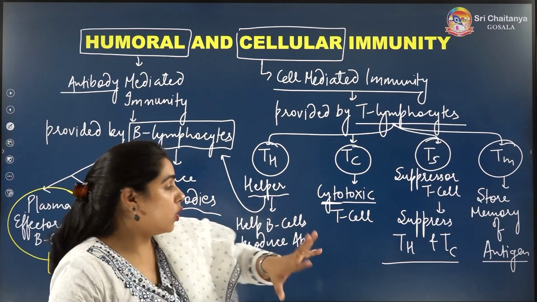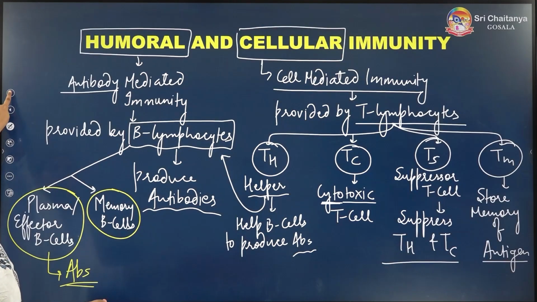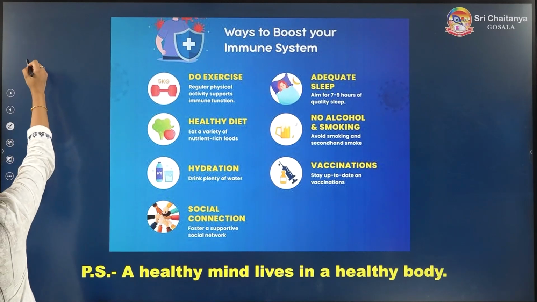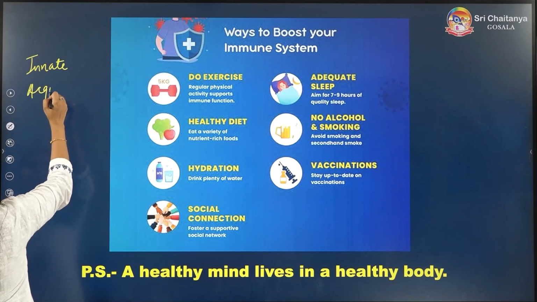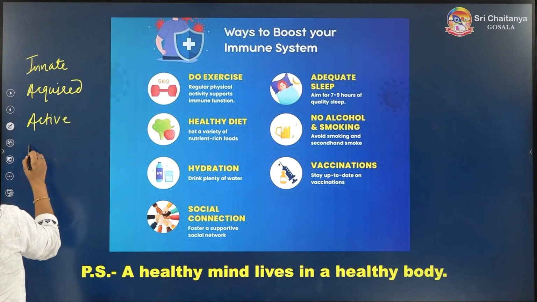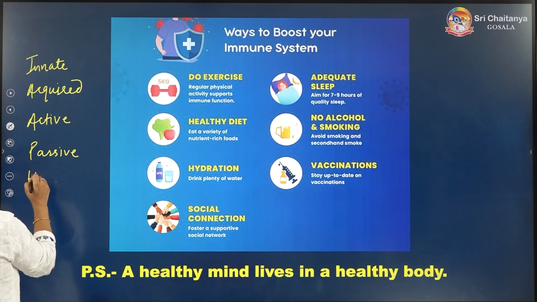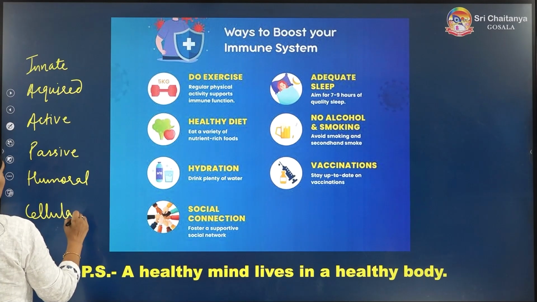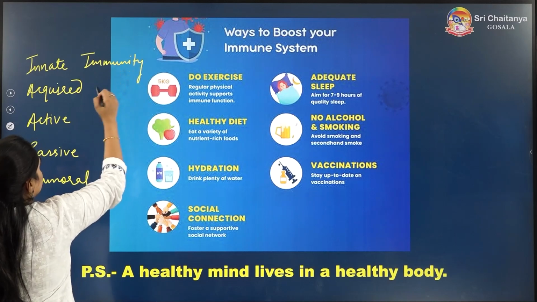Okay. So, I hope all the terms are clear to you. Like, innate immunity means what? Acquired immunity means what? Active immunity means what? Passive immunity means what? Humoral immunity means what? And cellular immunity means what? I have explained all these terms nicely.